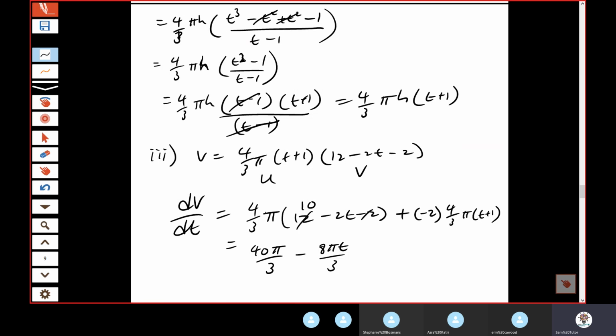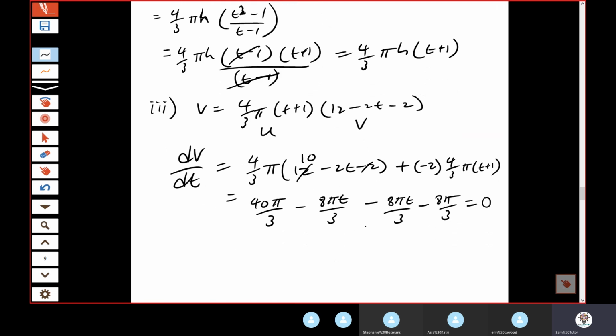Got to do that right. Looks good to me. You guys can tell me otherwise. Minus 8 pi t on 3 again, with minus 8 pi on 3 equals 0.